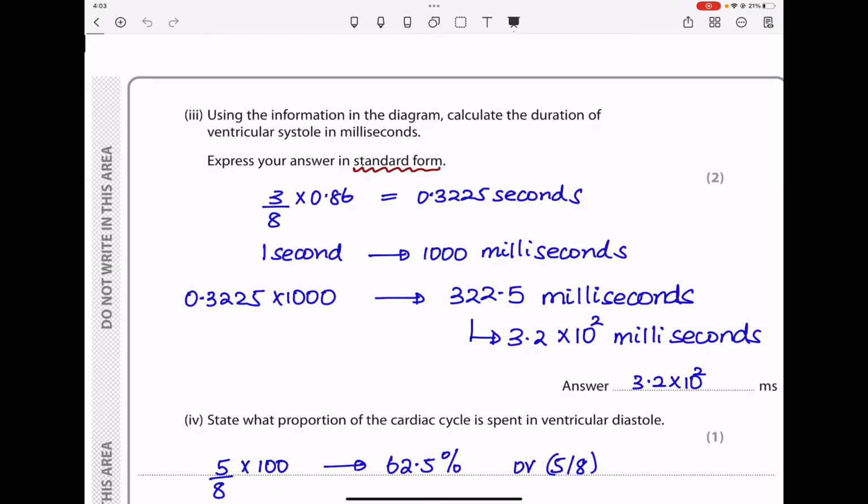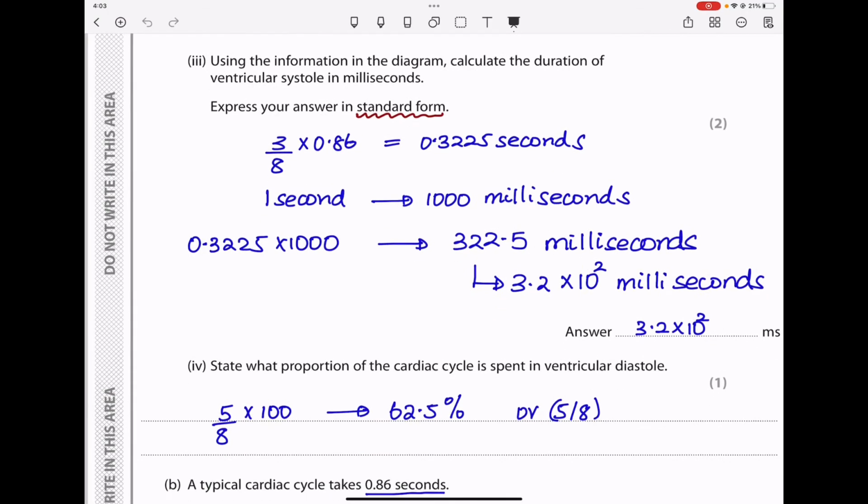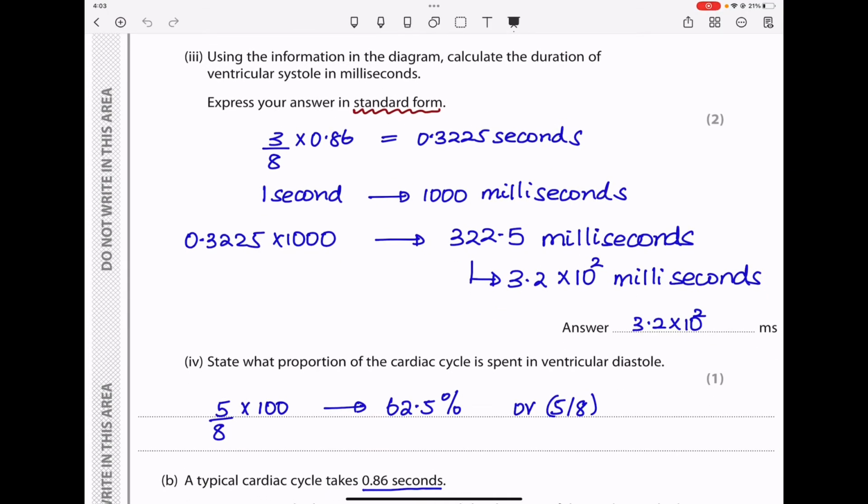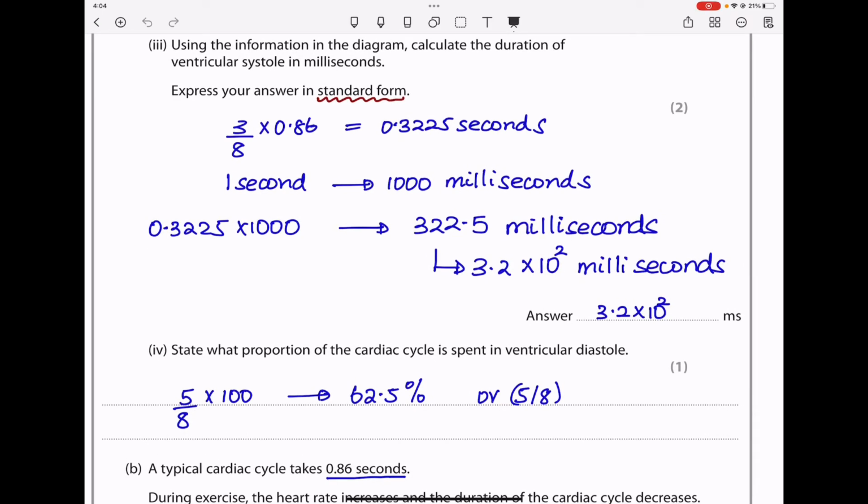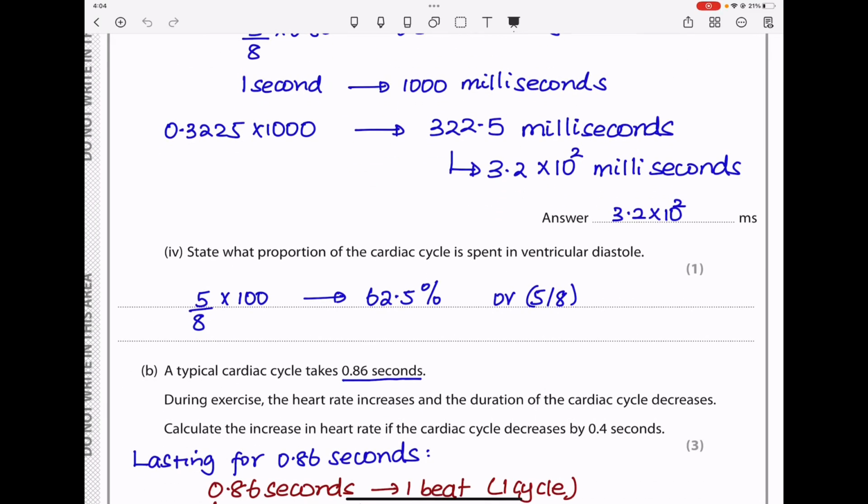However, our answer has to be in milliseconds, so 1 second is 1,000 milliseconds, and therefore 0.3225 seconds times 1,000 gives the answer in milliseconds. To write this in standard form, it's going to be 3.225 times 10 to the power 2, which is rounded off to 3.2 times 10 to the power 2 milliseconds.